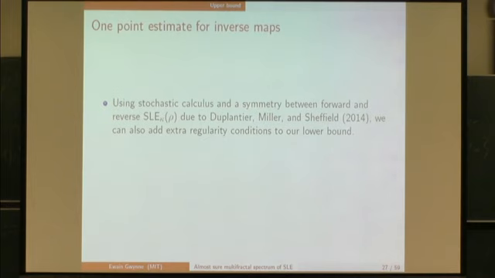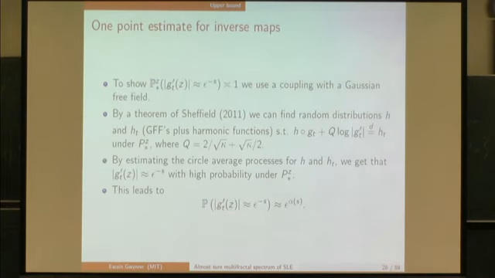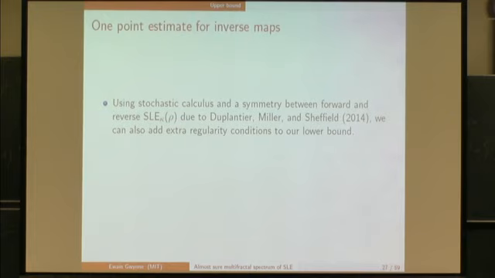So instead of just saying that the derivative is of order epsilon to the negative s, we can say the derivative is of order epsilon to the negative s, and the curve doesn't have pathological behavior. I'll explain exactly what the regularity conditions are later in the talk, because they're kind of technical to state. But this is by far the hardest part of the one-point estimate.